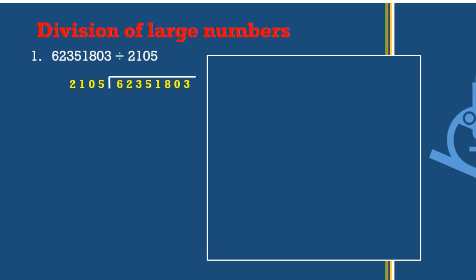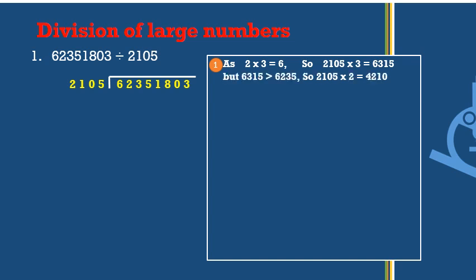Now, we will divide 6235 by 2105 in the first step. As we know that 2 multiplied by 3 is equal to 6, so 2105 multiplied by 3 is equal to 6315. But children, 6315 is bigger than 6235. So what we have to do? We have to multiply 2105 by 2 to get 4210.